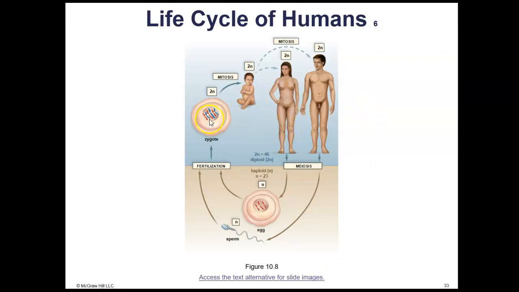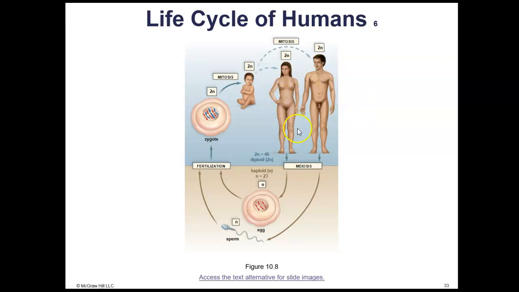This is just an illustration of the life cycle of humans, and everything up here in the top half is in blue. That means all the cells in the top half are diploid cells. So starting with the zygote or fertilized egg, it undergoes mitosis. All of the cells in this child are going to be diploid. And then as the child grows into an adult, male or female, all the cells are going to be diploid except eggs and sperm.